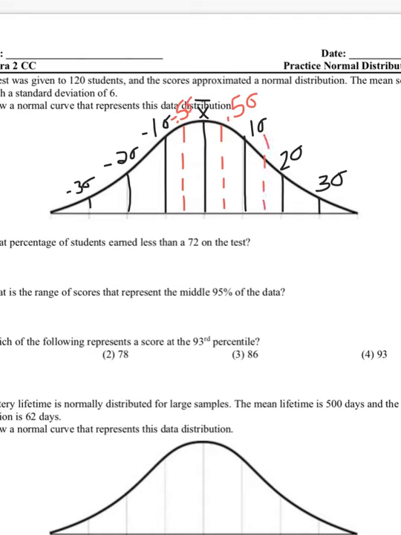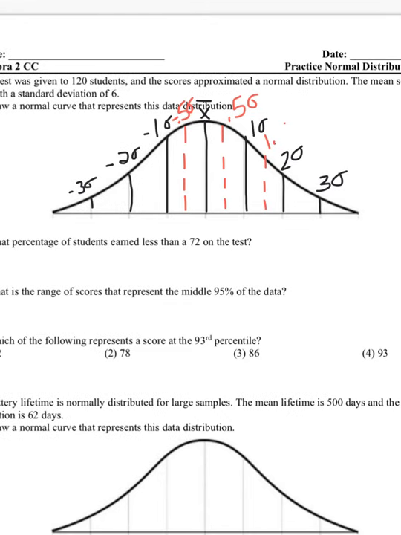This is going to be 1.5 standard deviations. And then we're going to have 2.5 standard deviations. Then we're going to do the same thing on the other side. Minus 2.5 standard deviations and minus, that should be minus 1.5. Minus 1.5 standard deviations and minus 2.5.